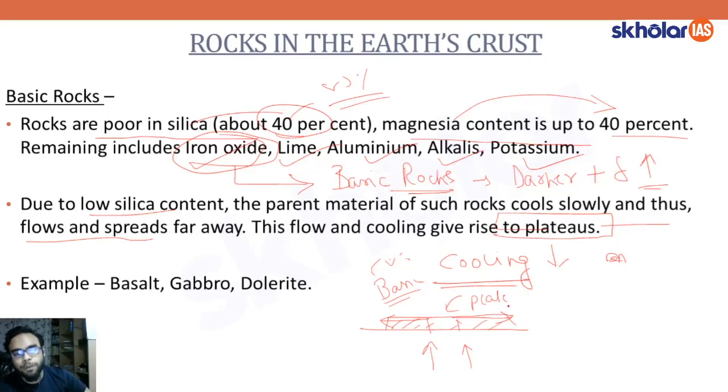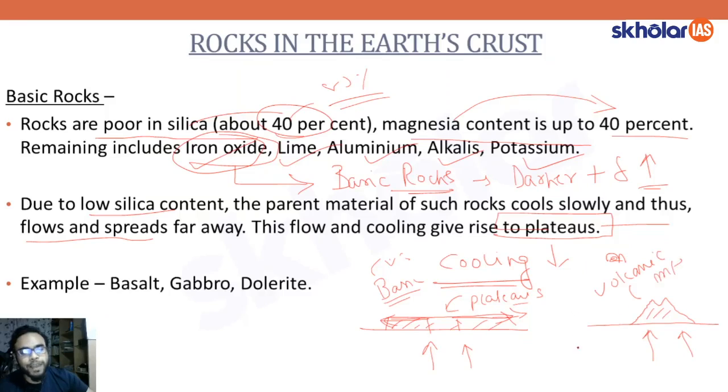Similarly, if we talk about the acidic rocks, what is happening in acidic rocks? In acidic rocks, the cooling rate is very fast. So as the magma is intruding and becoming lava, as the cooling rate is very fast, it is not able to spread in both directions because even before spreading it cools down, right? Therefore it will accumulate one over the other. So we will get volcanic mountains.